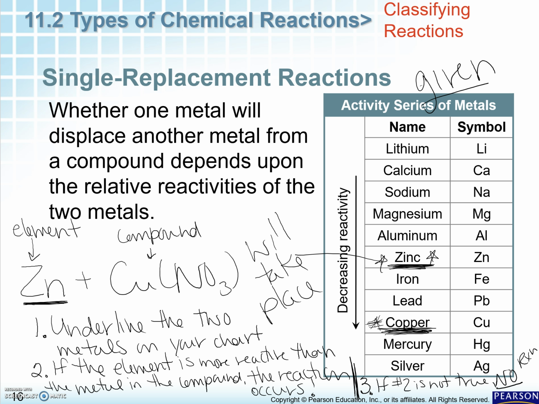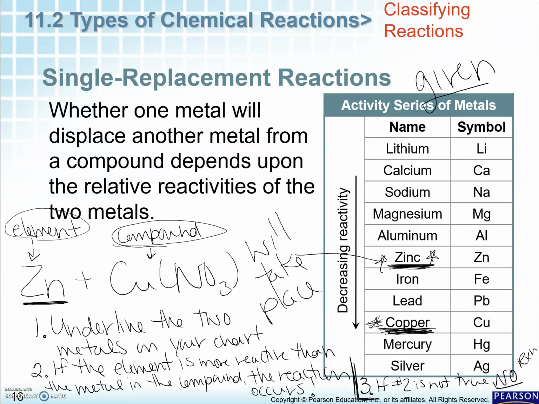And then if the element, so remember our element is the one all by itself, is more reactive, meaning it's higher on this chart, than the one in the compound, which remember our compound is the one that has more than one thing from our periodic table, then the reaction occurs. If number 2 is not true, then no reaction is going to occur.